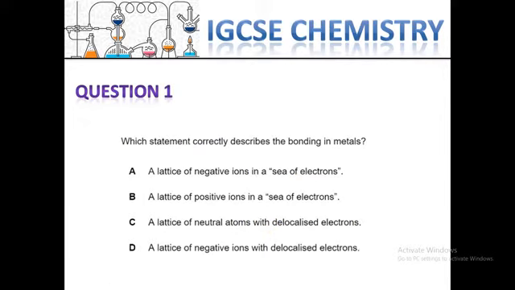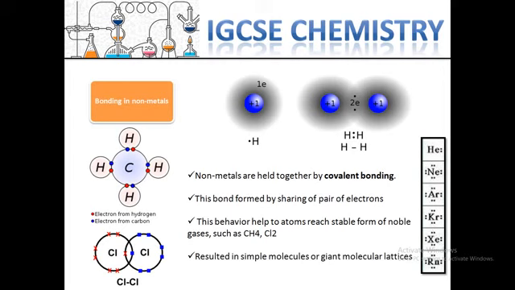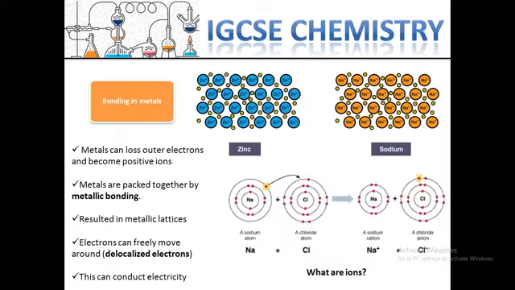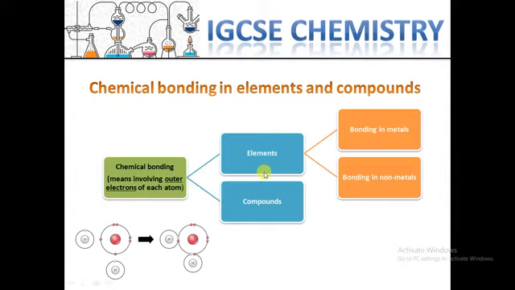And for today, we just study chemical bonding for elements, which includes bonding in metals and bonding in non-metals. And next time we will study the compound.